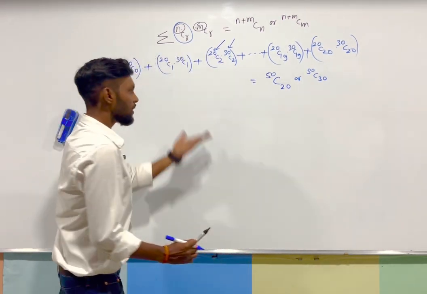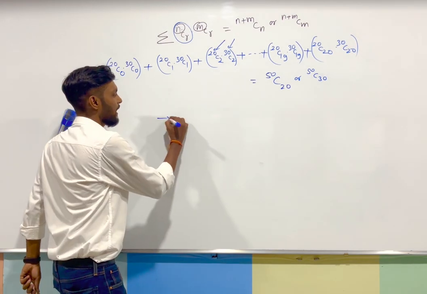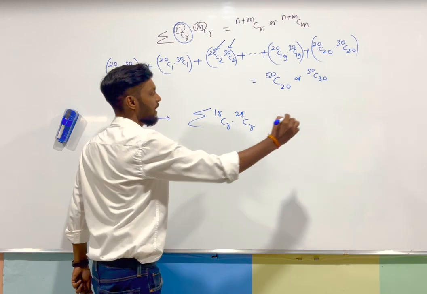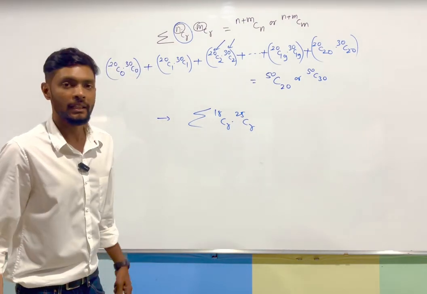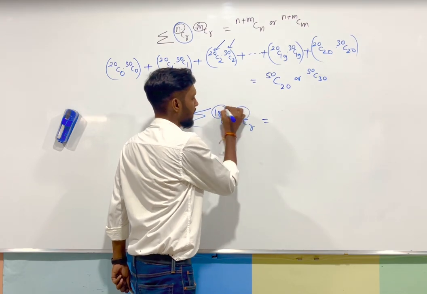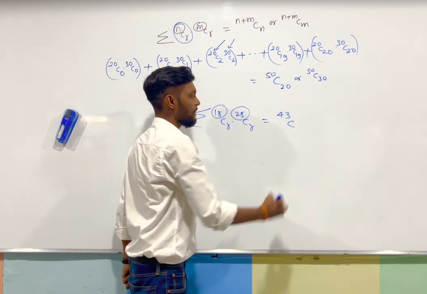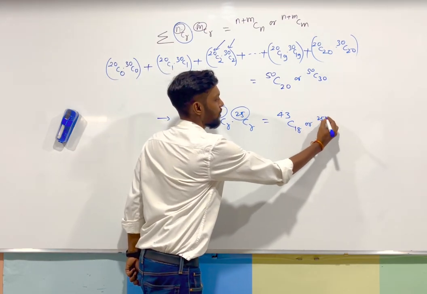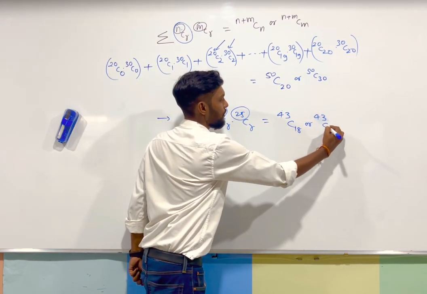Suppose, just to check it, I give you a question 18Cr into 25Cr and ask you what will be the result, then it would be simply 25 plus 18, that is 43C, and you could write here 18 or 25, both will be correct answers.